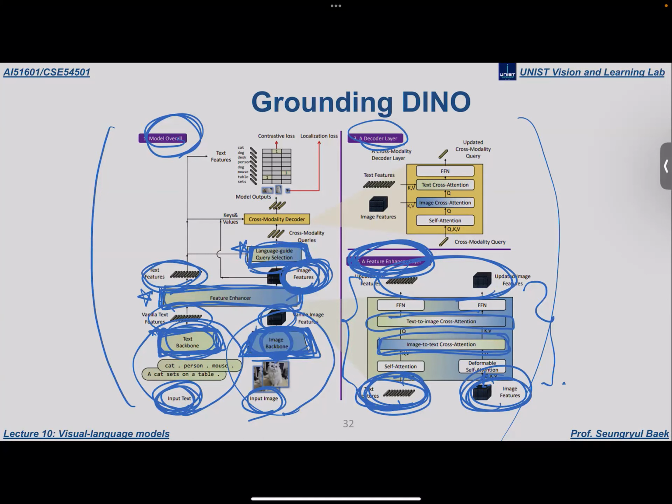And another module is here, the cross-modality decoder. When doing the decoding of the transformer, they also input both image feature and text feature, and perform cross attention operations for the text and images.